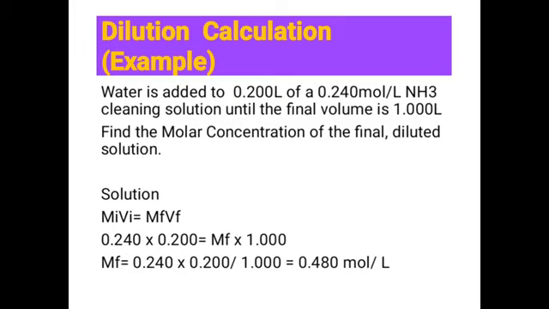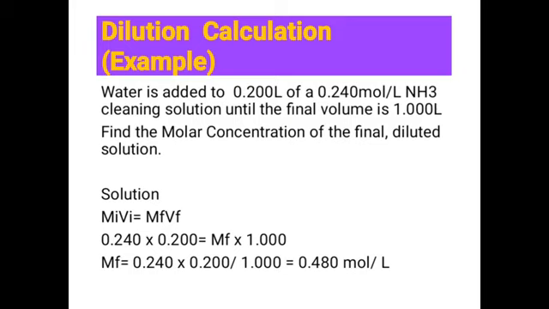So, for instance, a question can come like this: water is added to 0.200 liter of a 0.240 mole per liter NH3 cleaning solution until the final volume is 1.000 liter. Find the molar concentration of the final diluted solution. If a question comes like this, to solve it, you use your formula M1V1 is equal to M2V2.